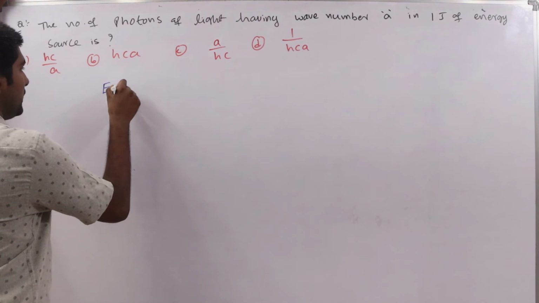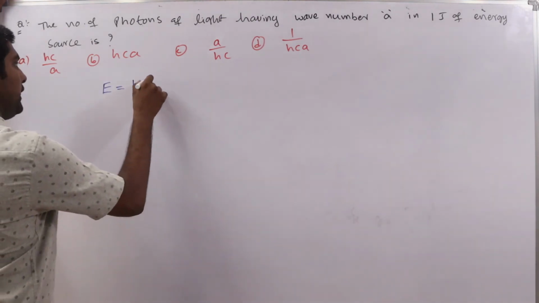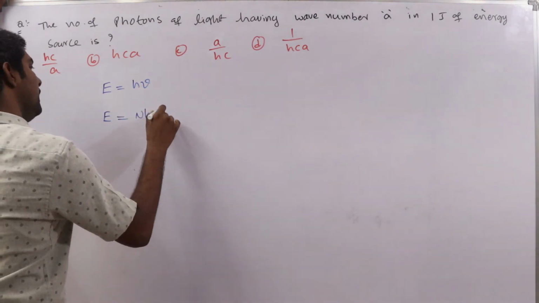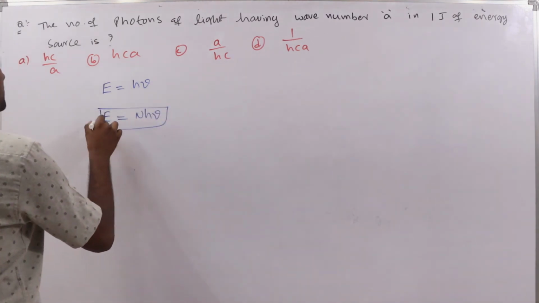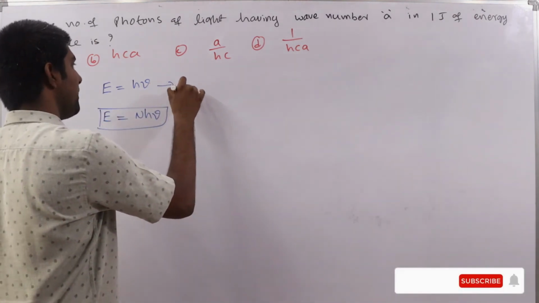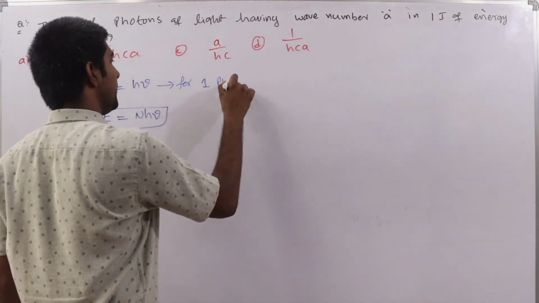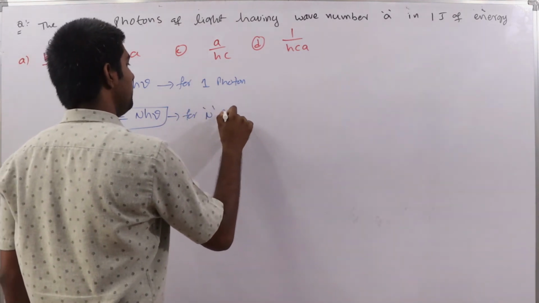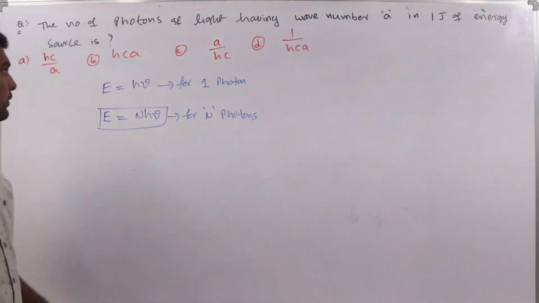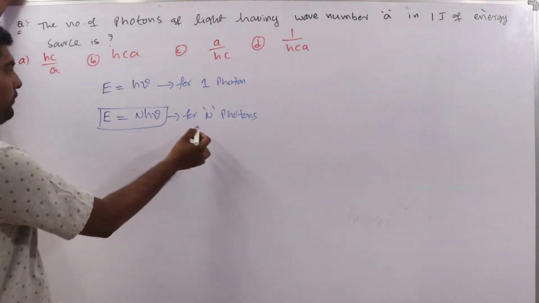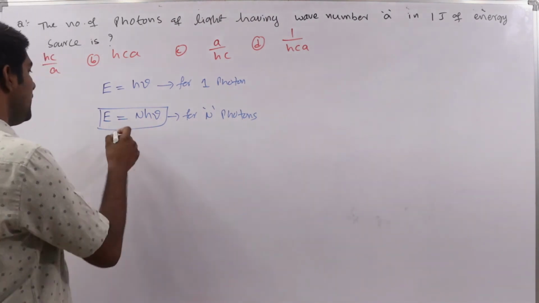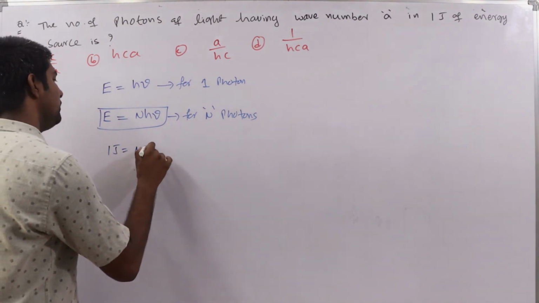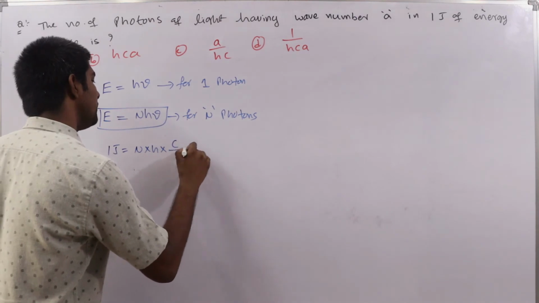Energy of one photon E equals h nu, and energy of n number of photons is equal to n h nu. See here, this is the energy for one photon, and this is the energy for n number of photons. So E is given as 1 joule, and n into h into nu, where nu equals c by lambda.